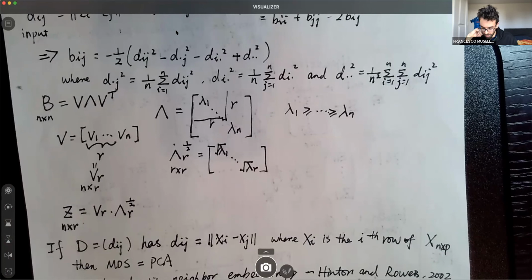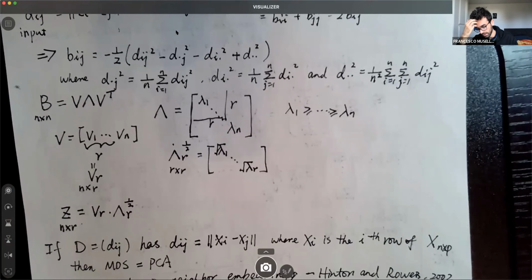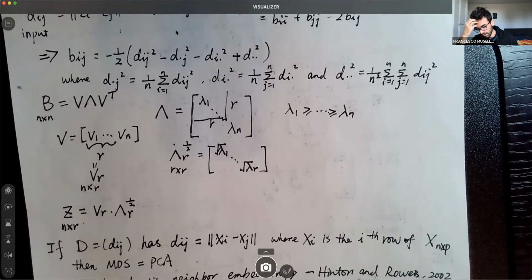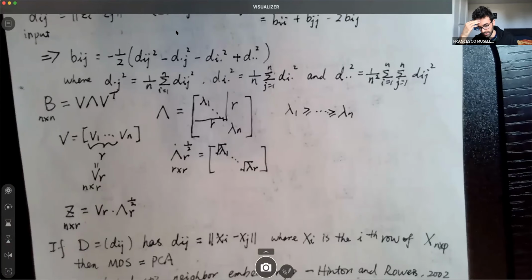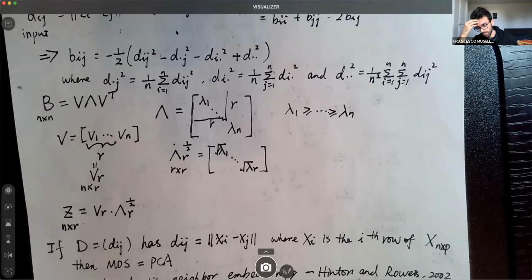And then after eigenvector decomposition, we write it as V lambda V transposed. But here on the V vectors, it's not a given that from R+1 to n all the components are 0, right? So this is something we enforce on V.